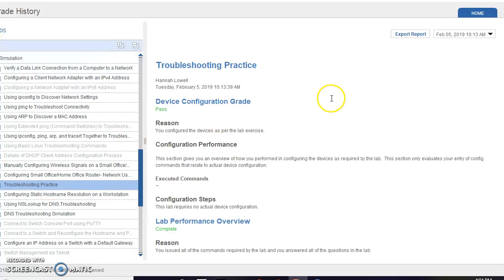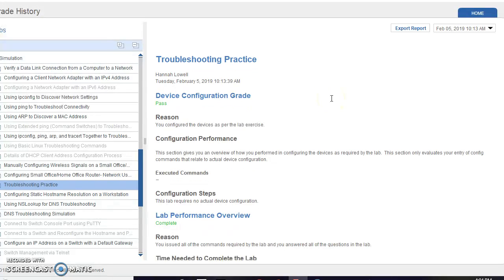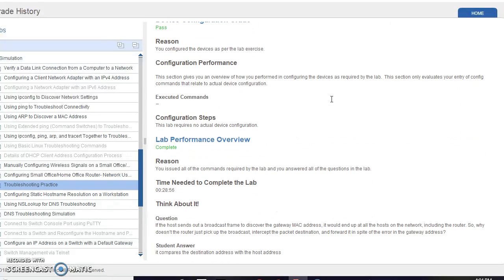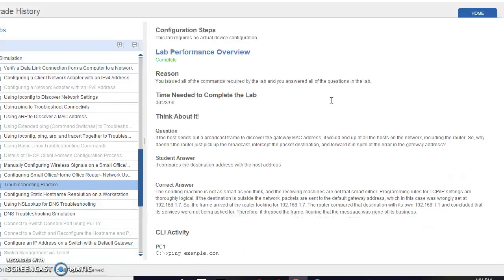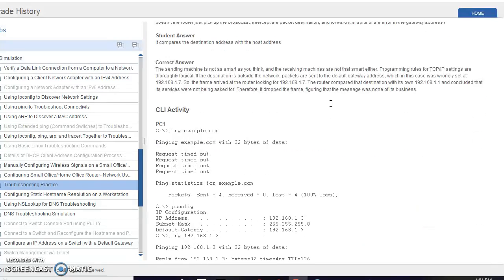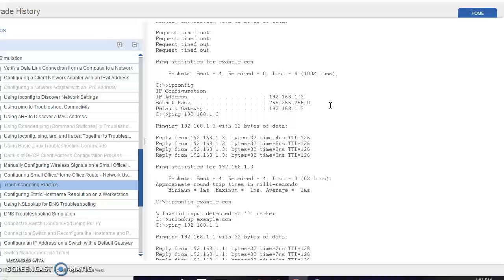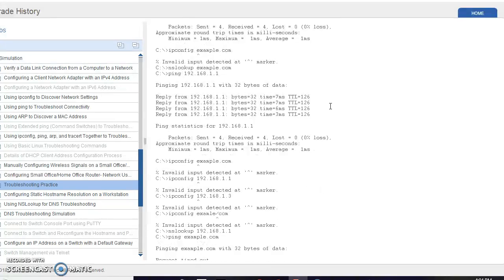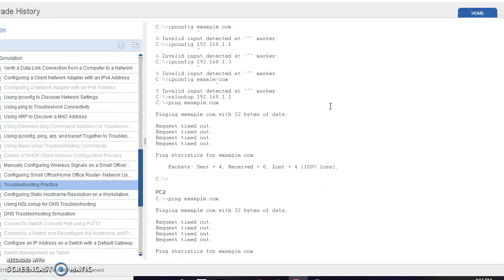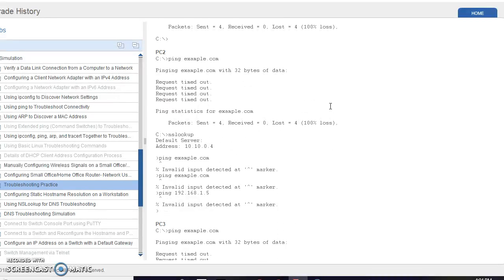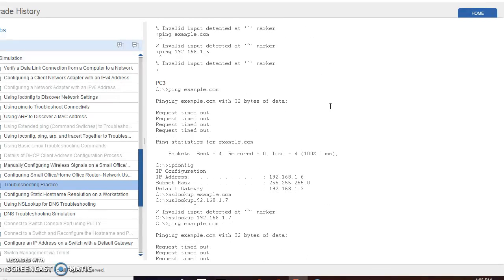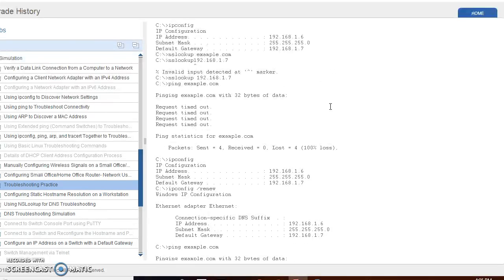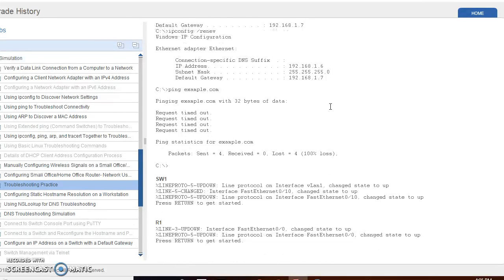We did troubleshooting practice. This one was a little challenging. I had to repeat the commands a couple of times, but ultimately was able to complete the practice.